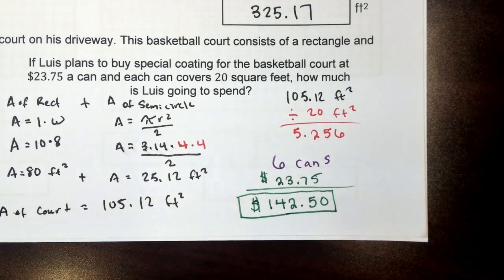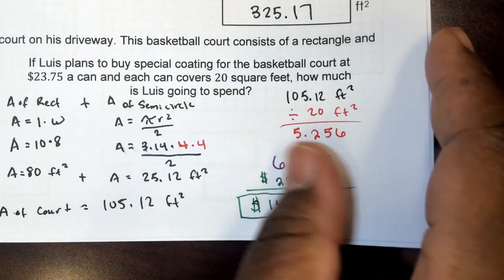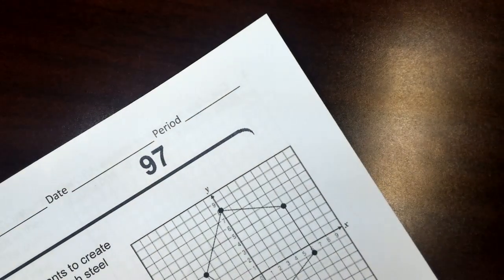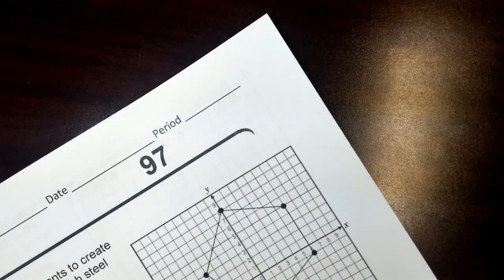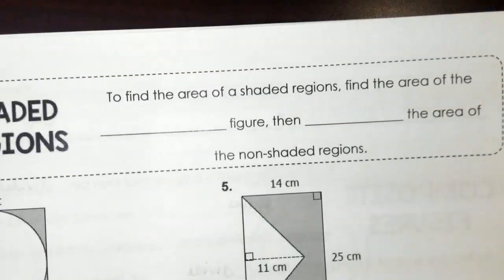That's composite figures. On the back, I'm gonna show you shaded area or shaded regions. Easy too. You just go in reverse. Shaded regions.